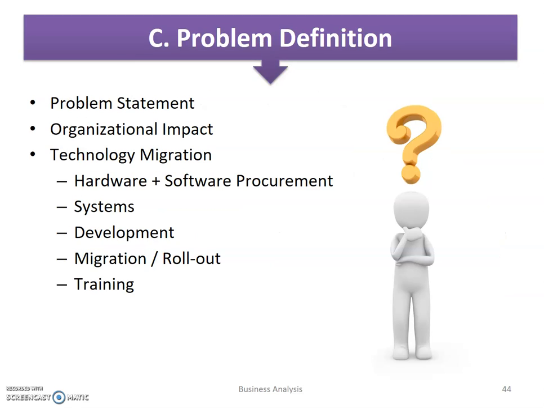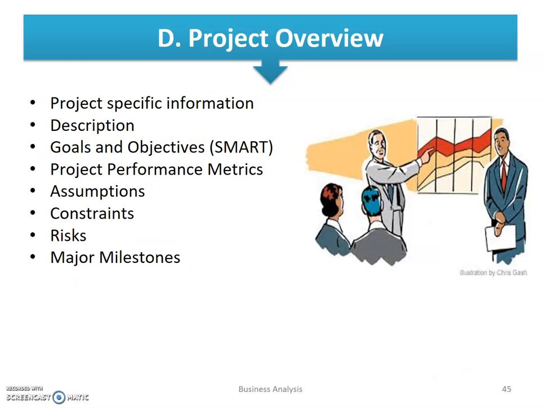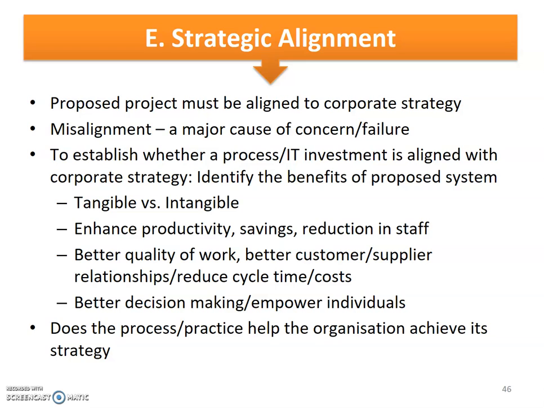Part C shows you the problem statement, as well as the technology used, whether we're using technology migration. Part D shows us an overview of the project, the goals and objectives, SMART goals and objectives, the risk and the constraints, and major milestones.